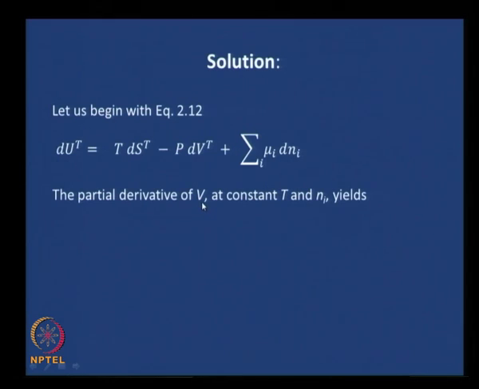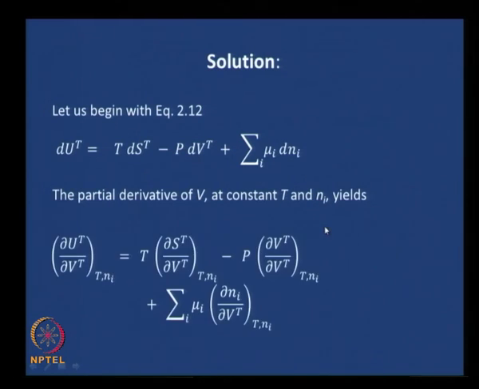The partial derivative with respect to V at constant T and n_i can be written as (∂U^t/∂V^t) at constant T, n_i equals T (∂S^t/∂V^t) at constant T, n_i minus P (∂V^t/∂V^t) at constant T, n_i plus the summation over all i of mu_i (∂n_i/∂V^t) at constant T, n_i.